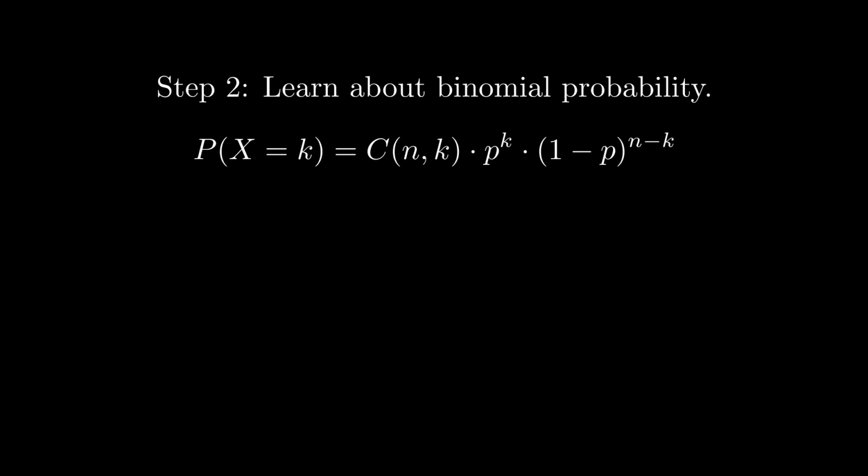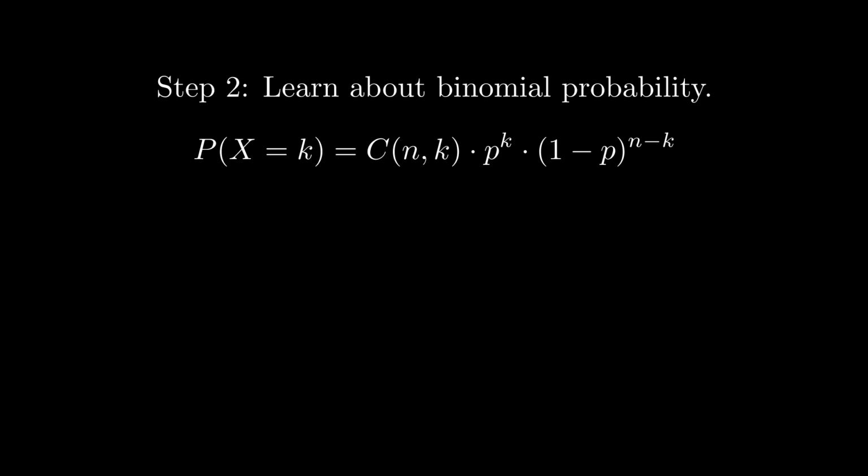The formula is P of X equals K equals C of n, K times P to the power K times 1 minus P to the power n minus K. Here, n is the number of trials, K is the number of successes, and P is the probability of success per trial.